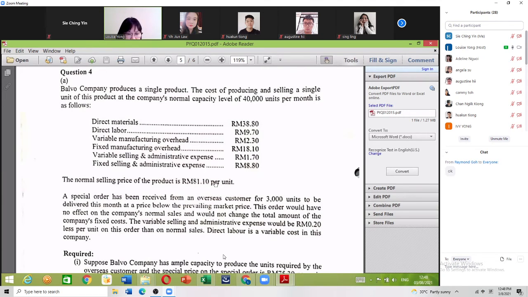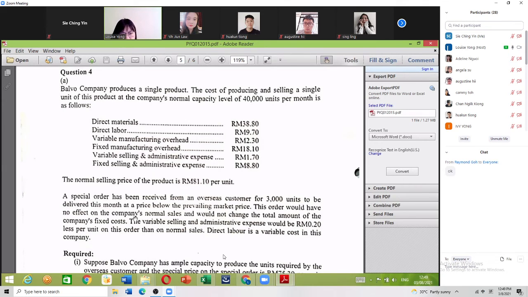Okay, so now you receive a special order from an overseas customer, 3,000 units to be delivered this month at a price below the market price, below the $81.10.